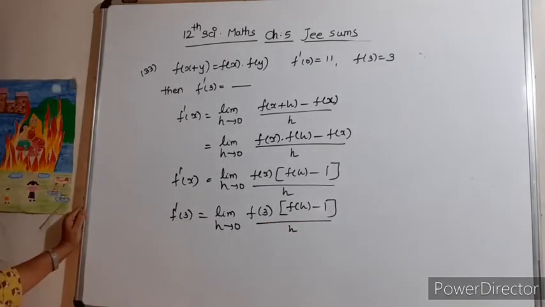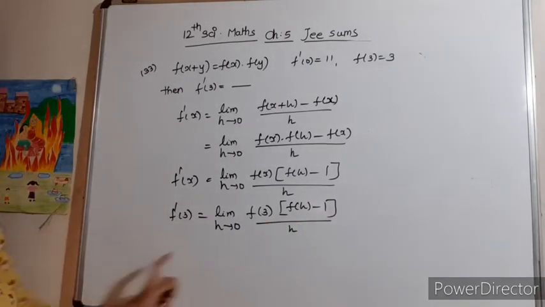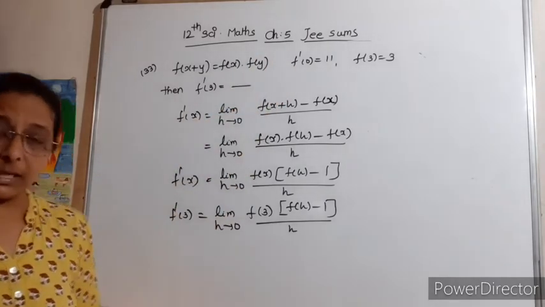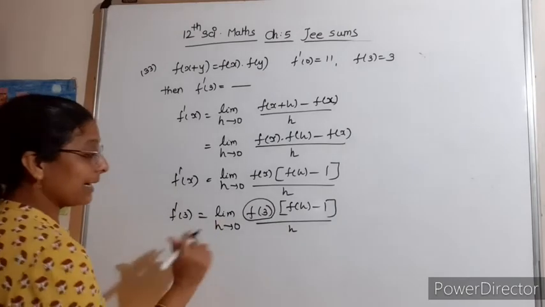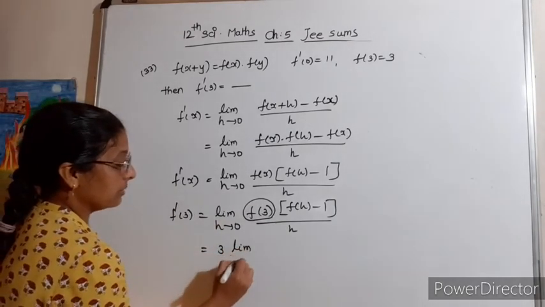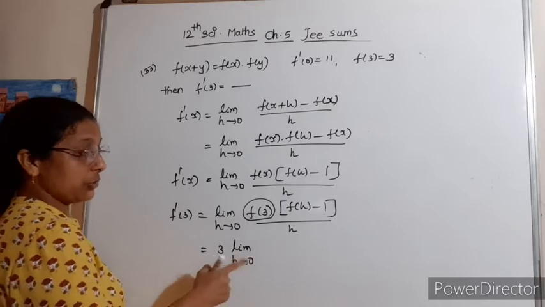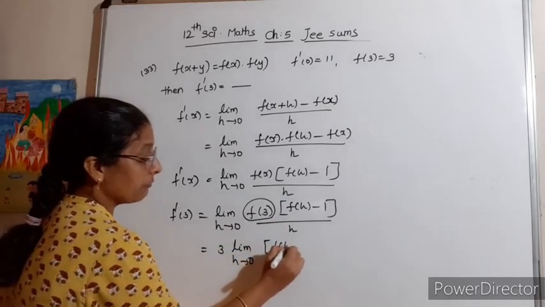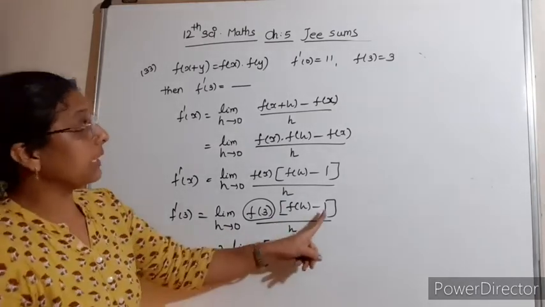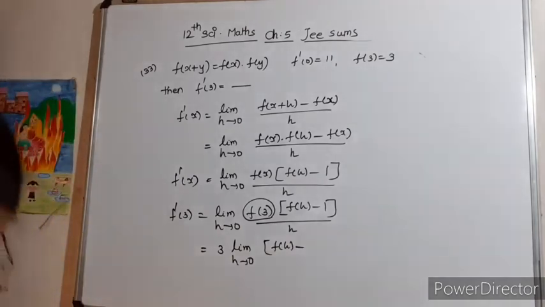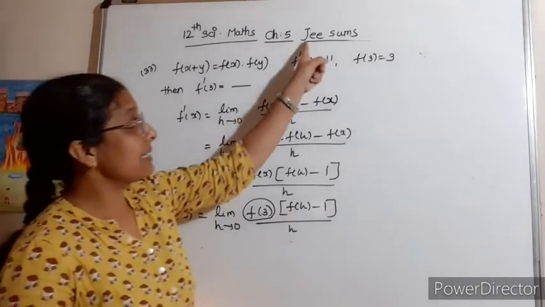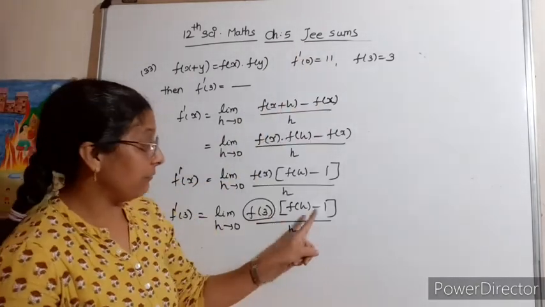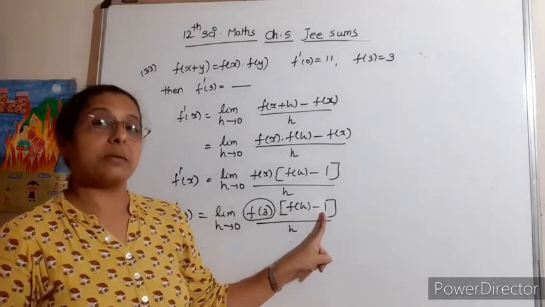Yes or no? Right? Then f of 3 की वैल्यू क्या दी हुई है? 3 है. ओके. सो ये कांस्टेंट हो जाएगा, उसके मैं आगे ले लेती हूं. Limit h tends to 0, instead of 1 what I can write, it is f of 0. Now here f dash 0 is 11, but f of 0 की वैल्यू हमारे पास नहीं है.